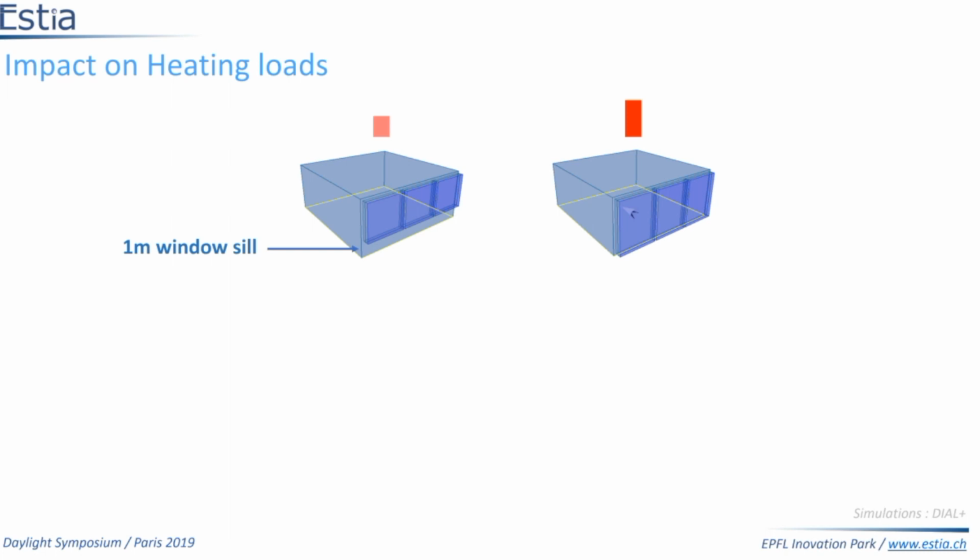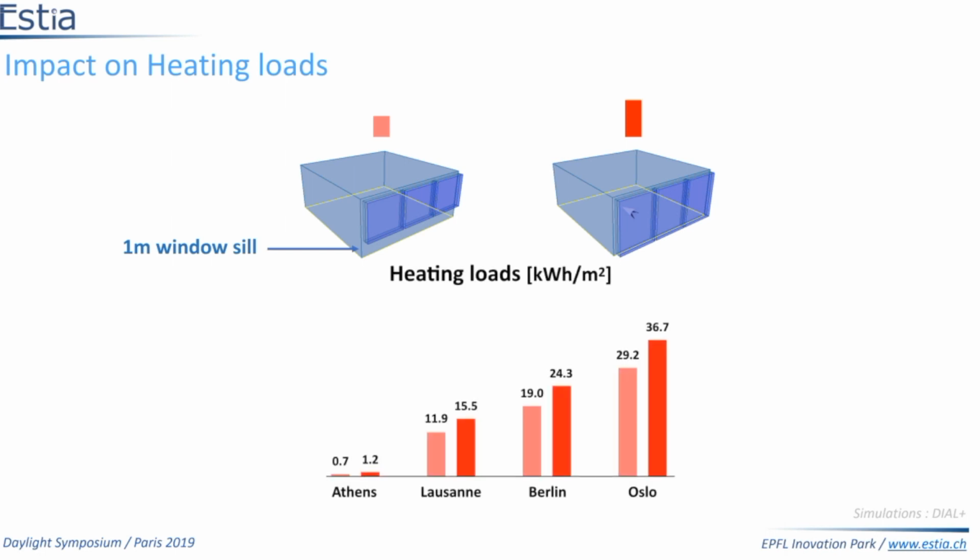So I've tried to examine that. This is the first room, and then I compare it to a 1 meter sill room, which is quite common, to see the differences regarding heating loads.